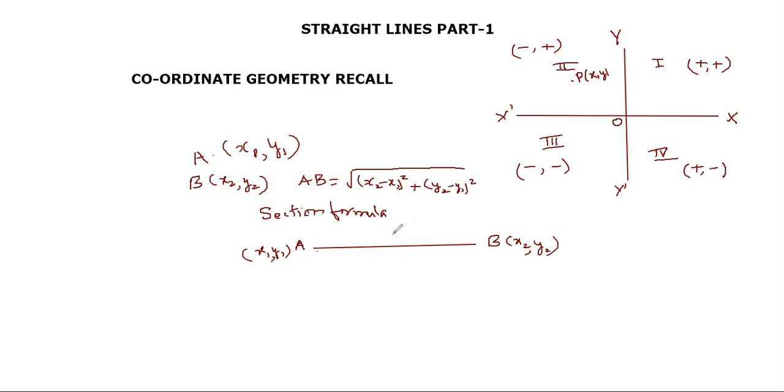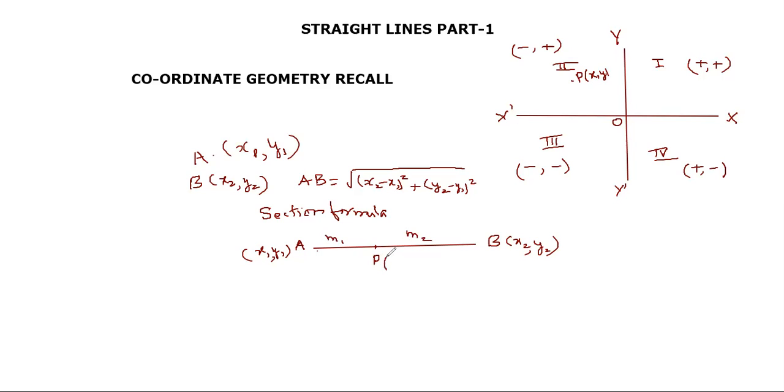Internal division means when the point P, somewhere here, divides the line in the ratio m1 to m2.